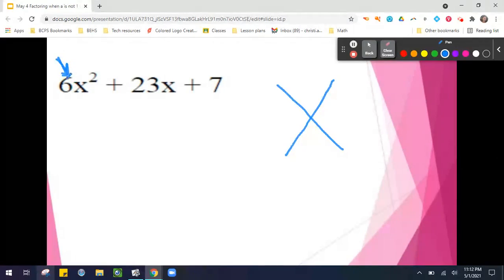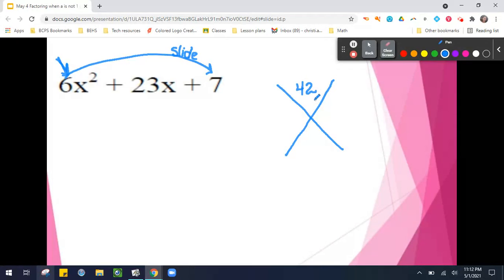So we're going to do this process called slide. So I'm going to slide the 6 over here to the 7. And when I slide, I'm going to do 6 times 7 and put that as my number at the top of my factor X. 23, the middle term, is still going to go at the bottom.